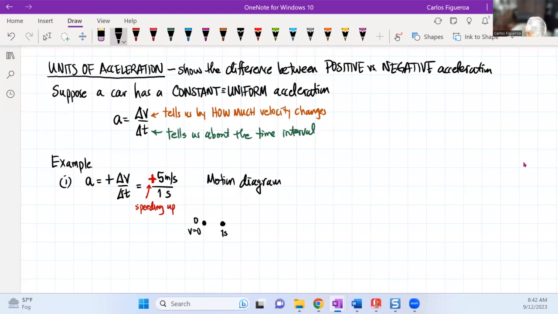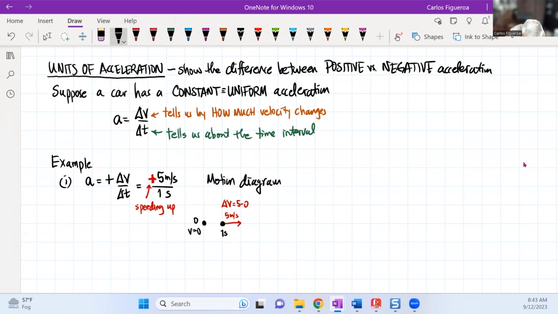So if I start at 0, then after this amount of time my car is now traveling at a speed difference. Now look at the speed difference here. My speed difference is 5 minus 0, which tells me that this is 5 meters per second. That's what that acceleration is telling me.